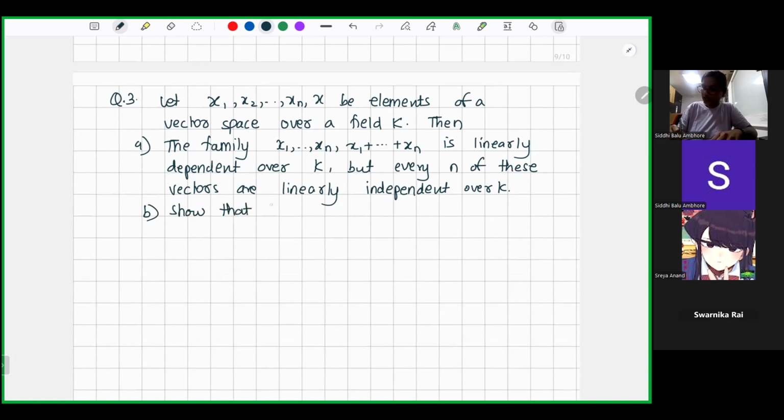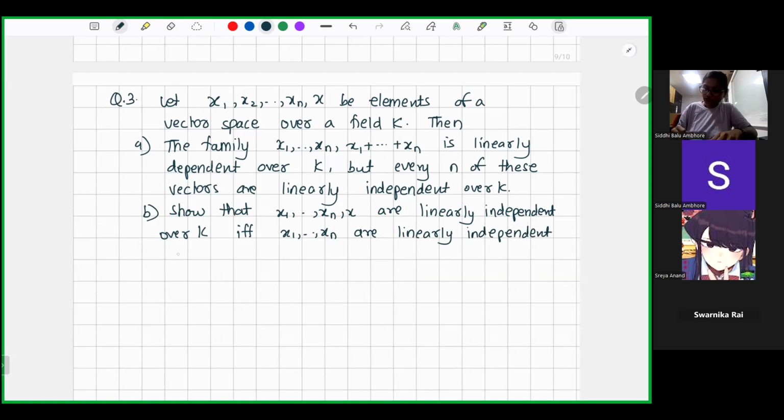Second, show that x1 to xn, x are linearly independent over K if and only if x1 to xn are linearly independent and x does not belong to Kx1 plus Kxn.